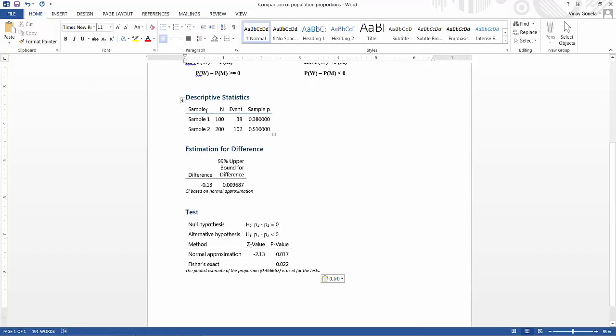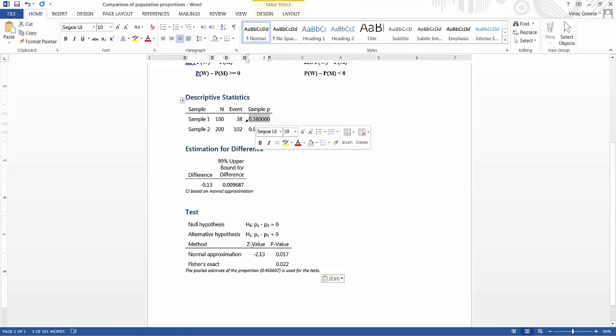Firstly we got descriptive statistics. 0.38 is sample 1's proportion, which is for women.